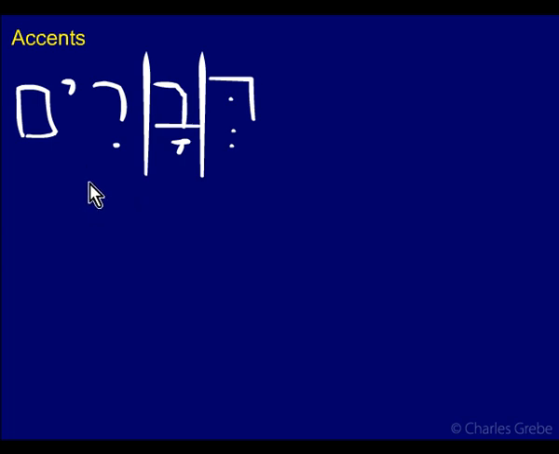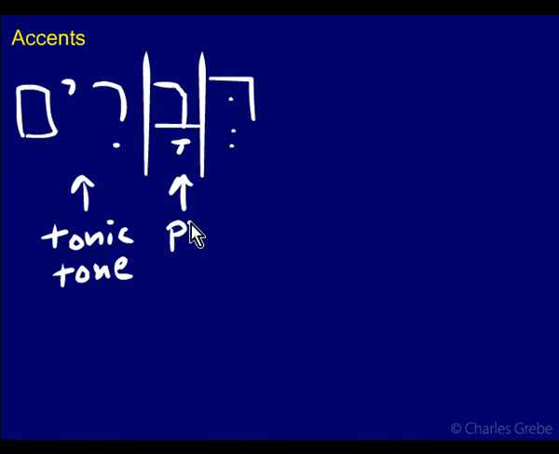Now these have names. This here is called the tonic or tone syllable, which makes some sense because that's the one that has the biggest sound to it, tone. This here is the pretonic. So this is the syllable that comes before the tonic syllable, pretonic.